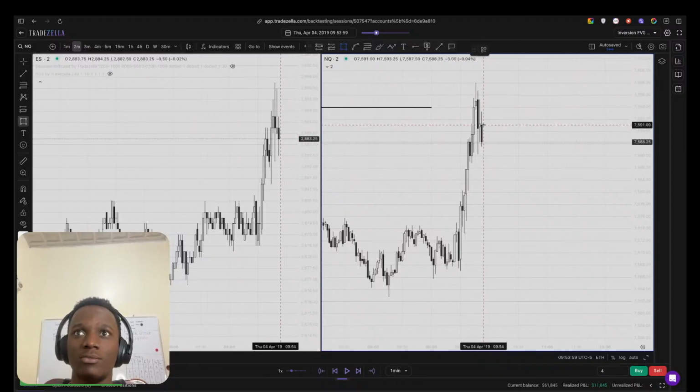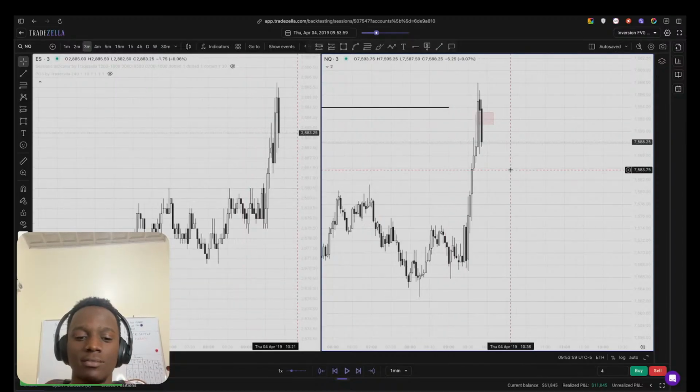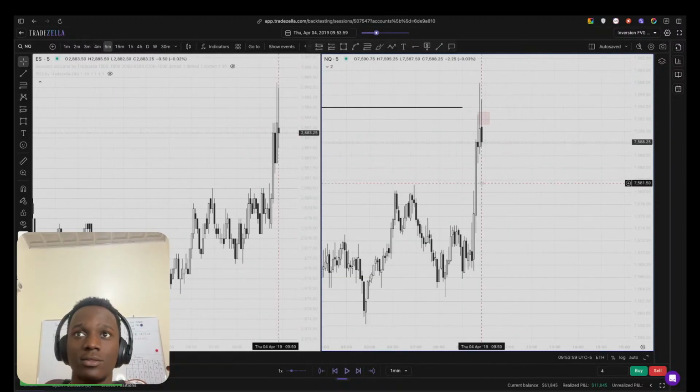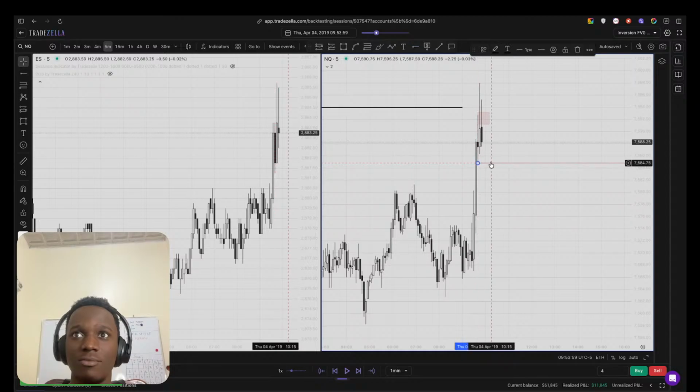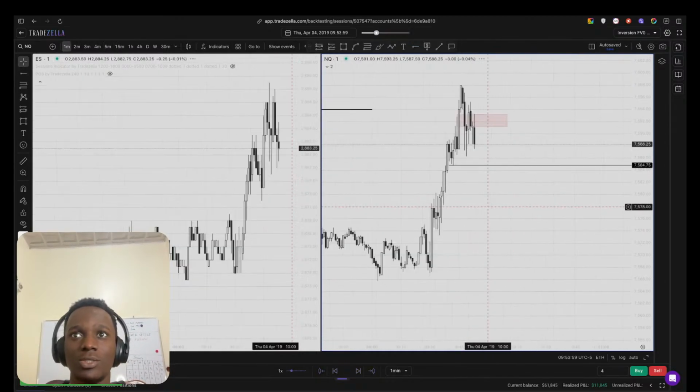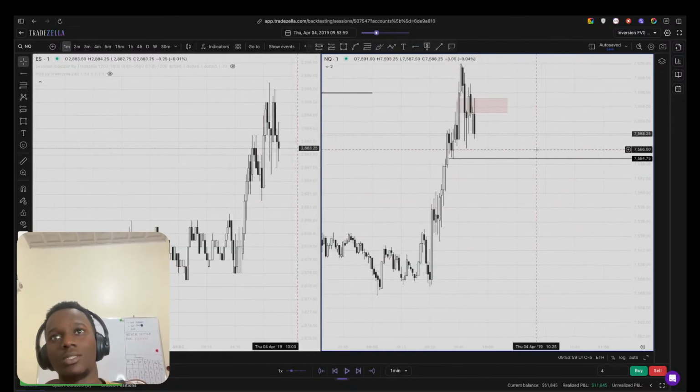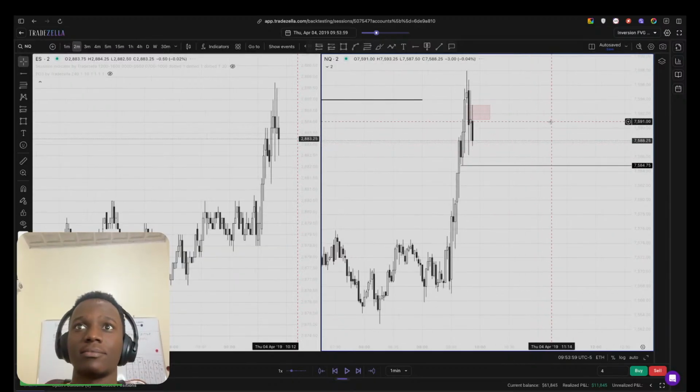We have a 2-minute inversion here. So if it runs into this 5-minute gap, obviously I will close the position, because it might reject from there.